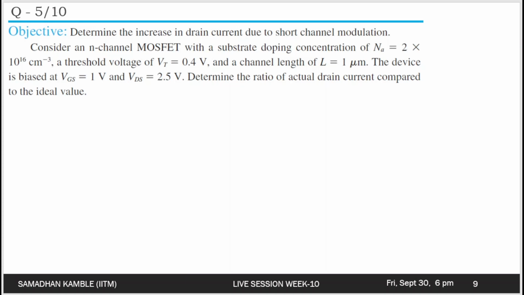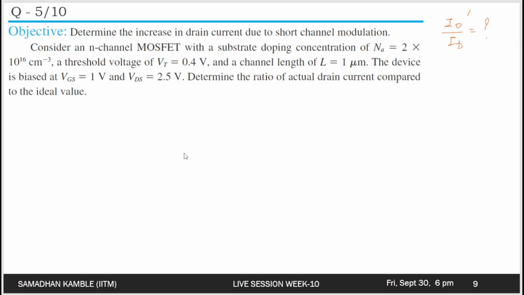Consider an n-channel MOSFET with a substrate doping concentration Na given by this particular figure, and a threshold voltage of 0.4 volt and a channel length L of 1 micron. The device is biased with VGS of 1 volt and VDS of 2.5 volt. Determine the ratio of actual drain current compared to the ideal value. Okay, so ID prime by ID is what they have asked. ID prime by ID is the thing that we have to determine.